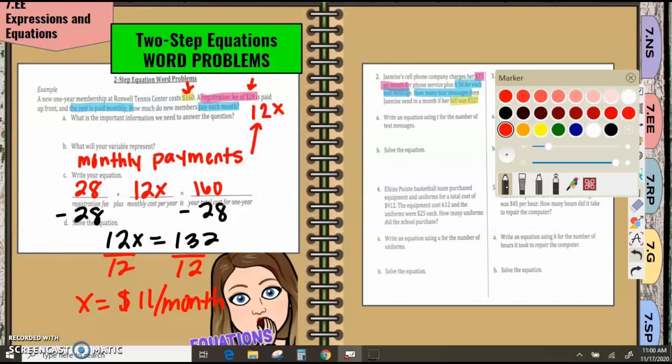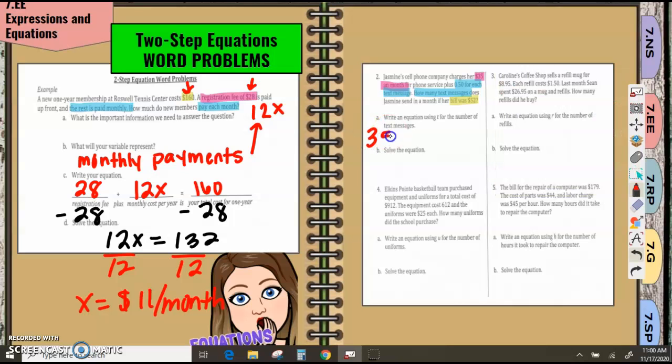So she pays $35 regardless of how many text messages she sends. She's got to pay that $35. That's her constant. It doesn't change. Plus 50 cents per text message. We're solving for text messages, so I know that's where my variable is going to go. Equals 52, because that's the total of her bill.